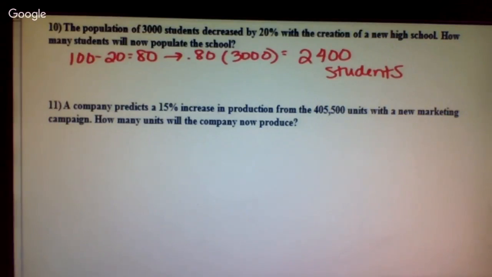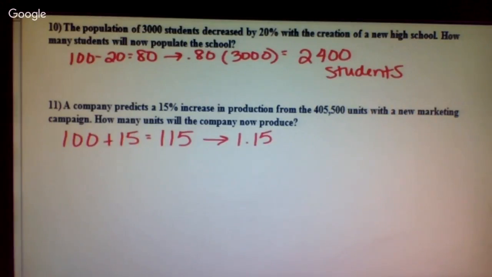A company predicts a 15% increase in production. 15% increase, we do what? Add. So technically you're paying 115%, written as a decimal is 1.15. Good.